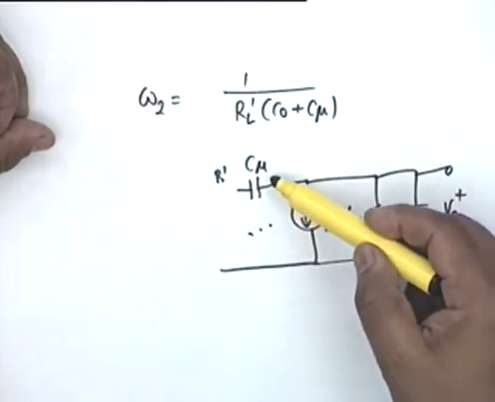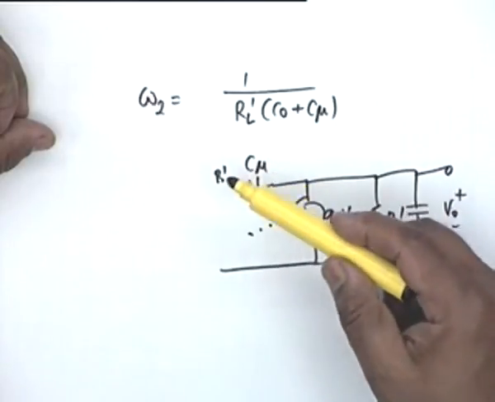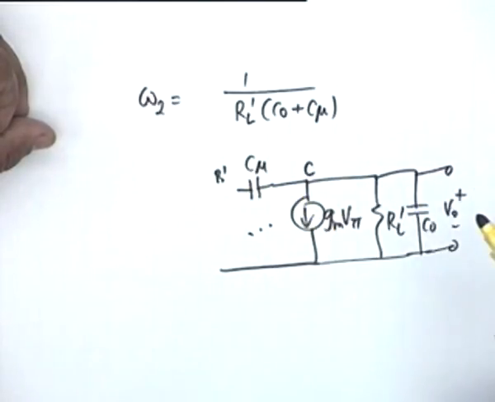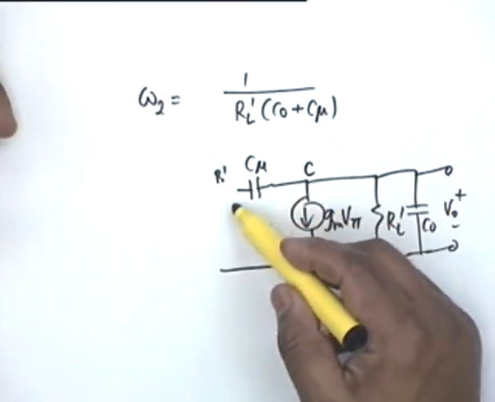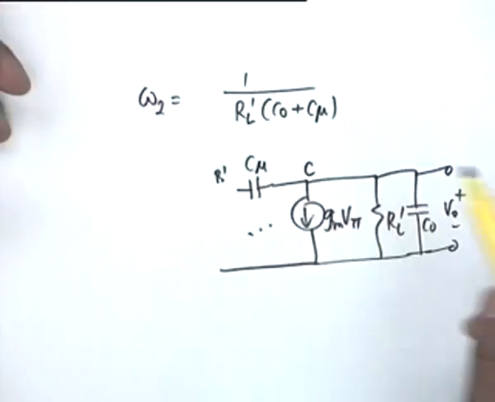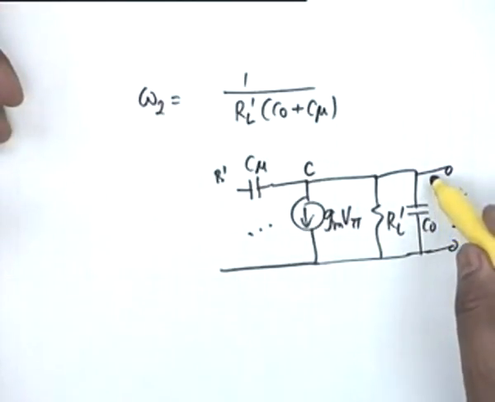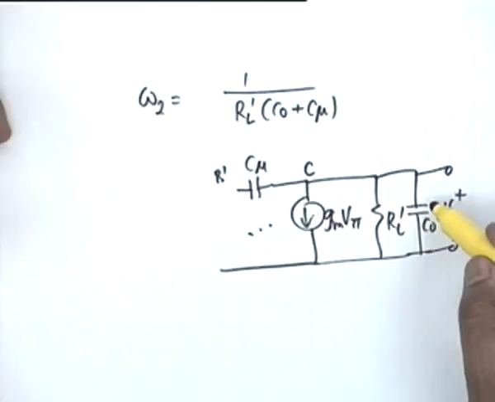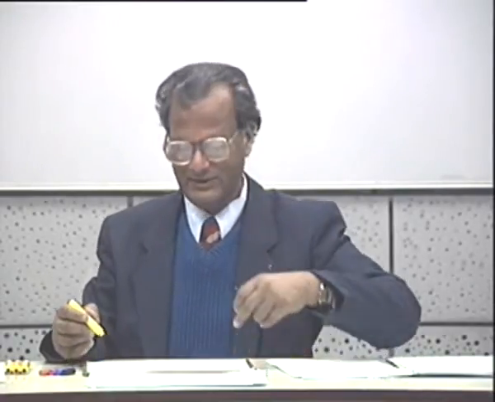This bridge between B prime and collector, which is a feedback bridge between the collector, the output terminal, and the base, the input terminal, the effect of this bridge therefore simply amounts to adding a capacitor across C0. Isn't that right? You understand this? No. Okay.